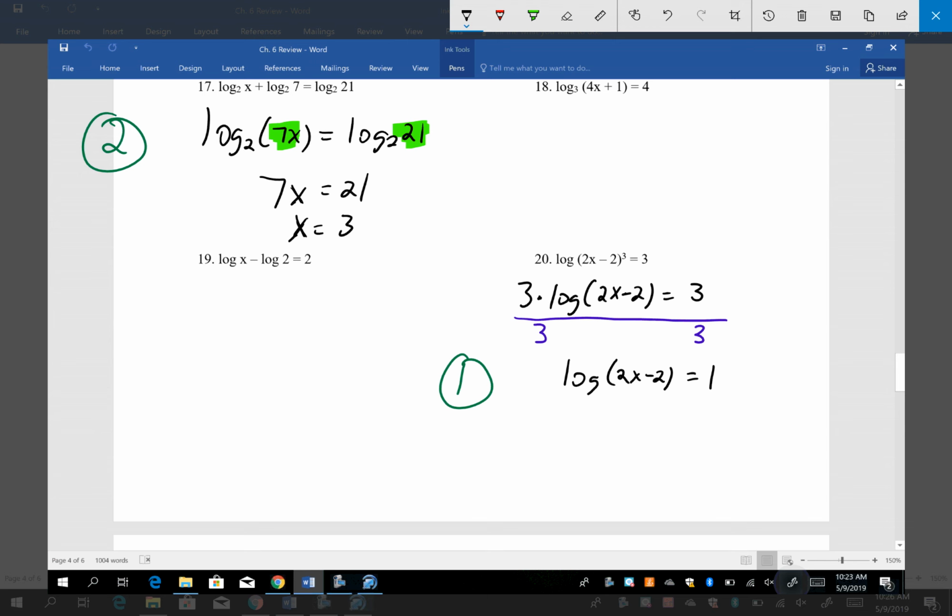So 10 to the first power is 2x minus 2. So 2x equals 12. X equals 6. Excellent. Okay. Hopefully there's a lot of these then.